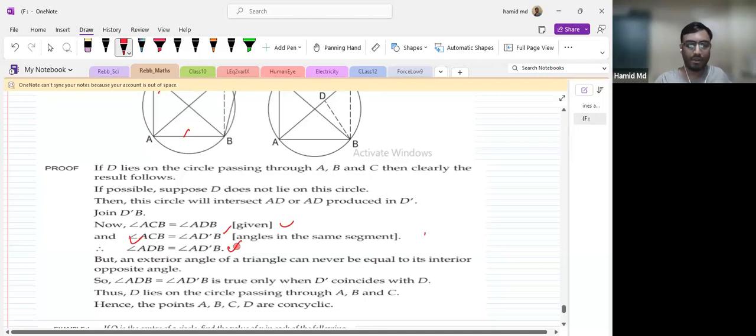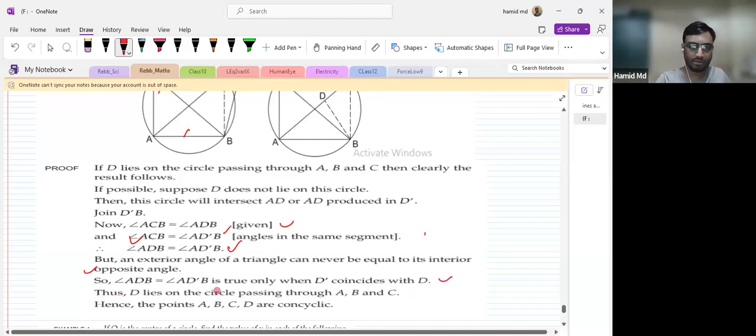But an exterior angle of a triangle can never be equal to its interior angle. That is our concern. So ADB equals AD prime B is true only when D coincides with D prime.